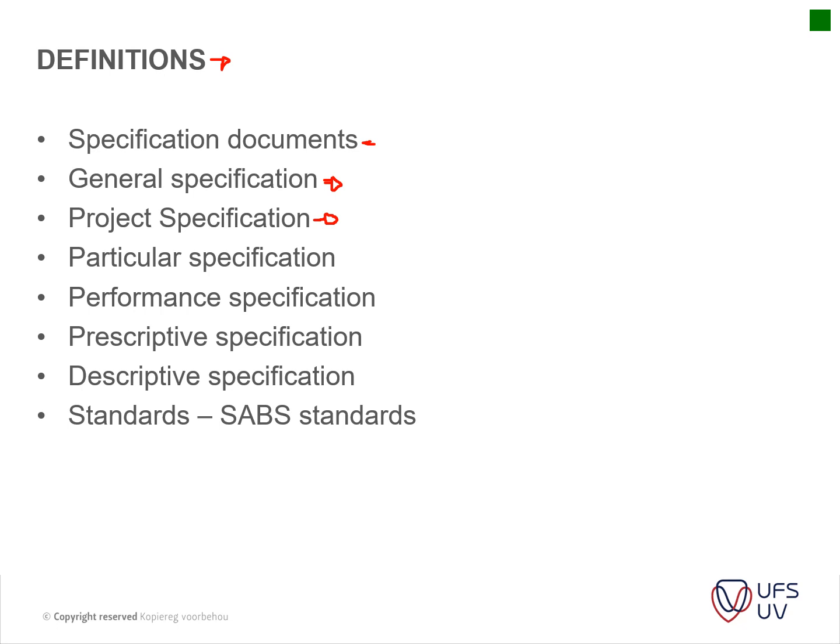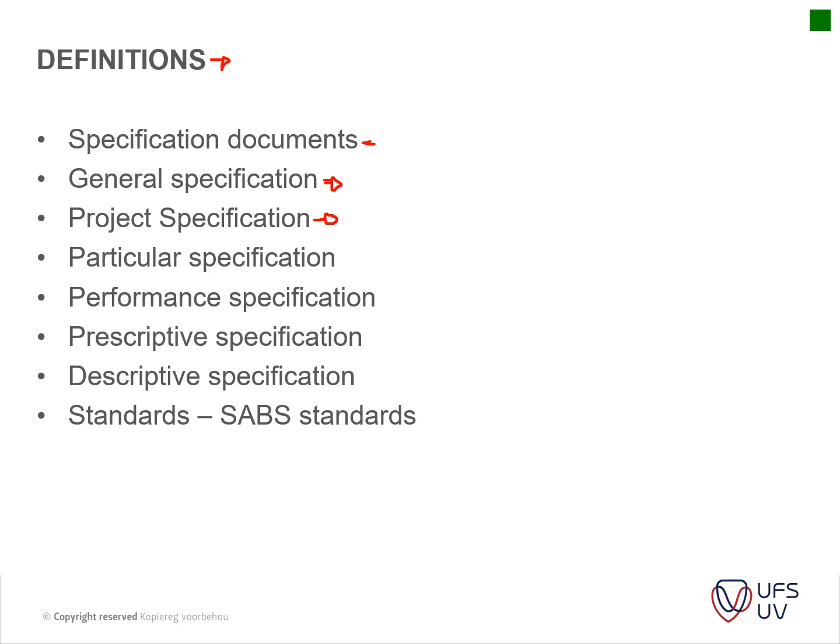For instance, if we had a project in the Glaspaleis where we added a 9th floor on top of the 8th floor and a 3rd floor on top of the 2nd floor, then you would describe that in your project specification, that health and safety would be very important. So it's very specific items that the contractor should price.